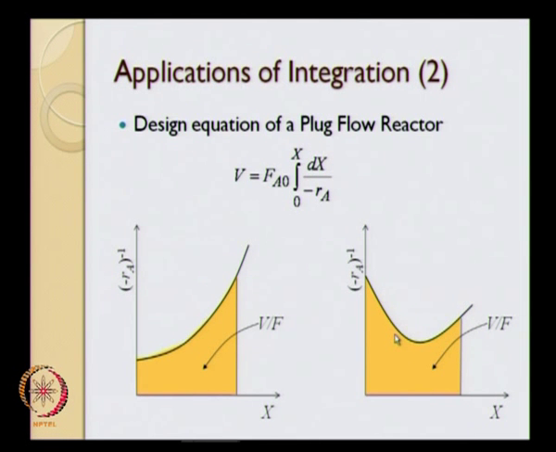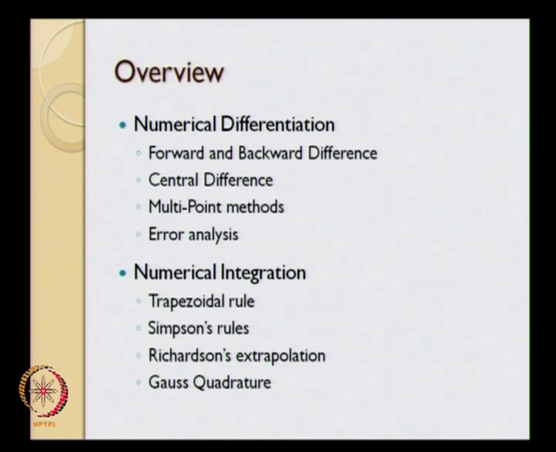Okay. So what are we going to cover in this module? We will first cover numerical differentiation, perhaps in about 1.5 to 2 lectures, and then we will cover numerical integration, perhaps in about 3.5 to 4 lectures. In numerical differentiation, we will look at forward, backward and central difference schemes, then the multi-point method, and then we will do the error analysis.